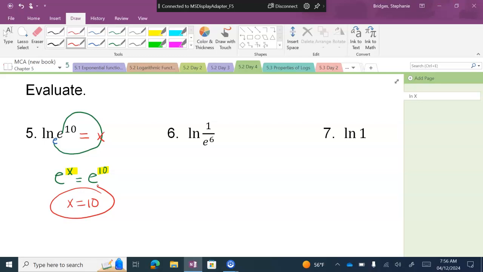Simplifying number 6 and 7, set it equal to x, take it to exponential.